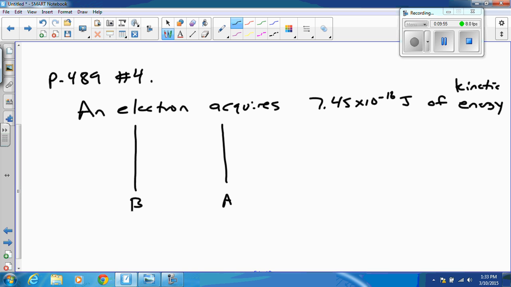So we have plate A and we have plate B. We're not sure which one is plus and which one is minus. The electron is going from plate A to plate B. Can we figure out which one is plus and which one is minus? B is plus and A is minus. Why is that?